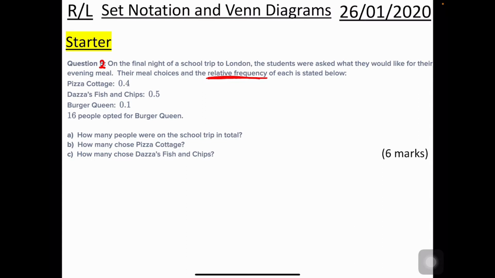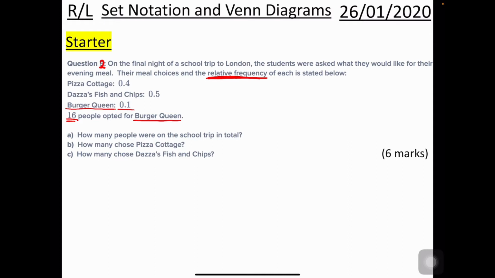Here it says Burger Queen 0.1 is the probability of a person choosing Burger Queen as their favorite place to have a meal. And there are 16 people who chose Burger Queen. So how many people are on the school trip in total?